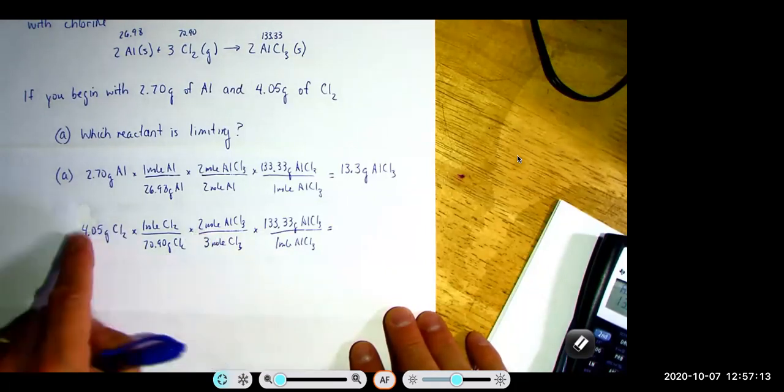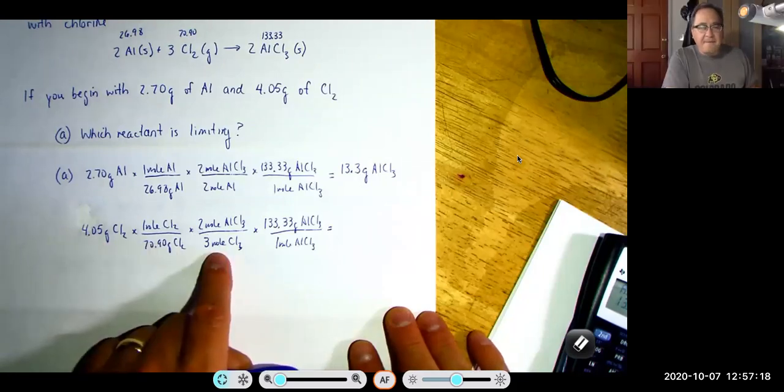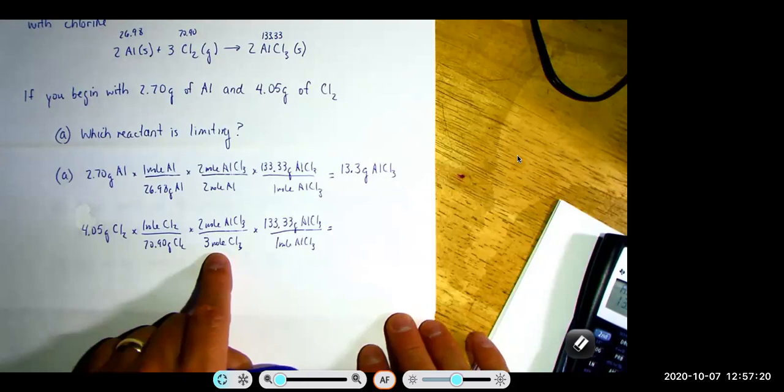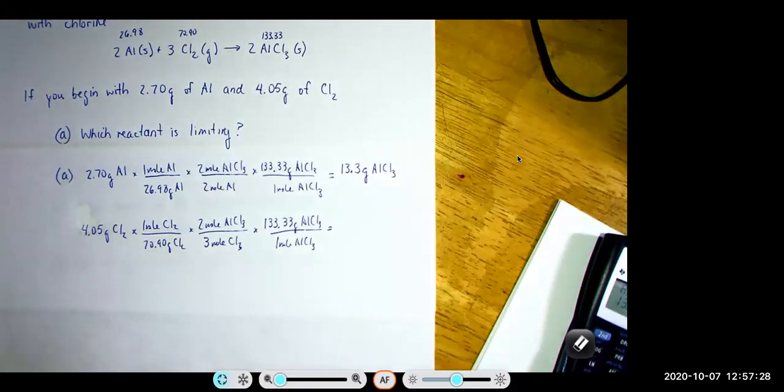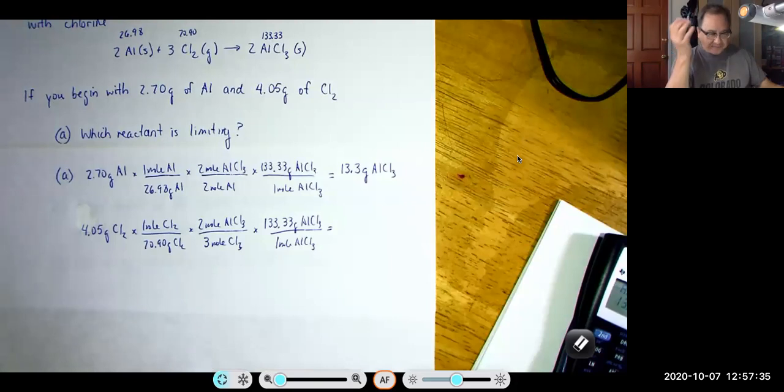Times 4. 16. Divided by 3. A little bit less than 6. Wait, 16 divided by 3 is a little bit more than 5. Okay, a little bit more than 5.